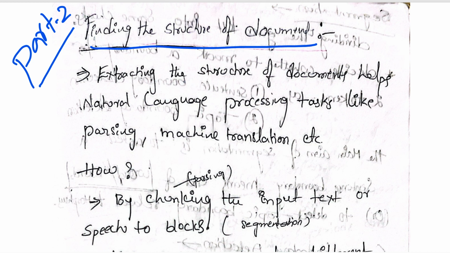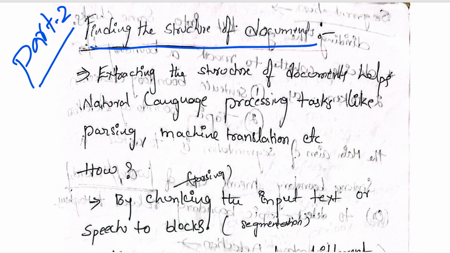If you want to analyze the structure of a document, whether the information is grammatically correct, whether the sentence is syntactically correct, and whether the phrases are correct, we can do all of this by analyzing the structure of the document.